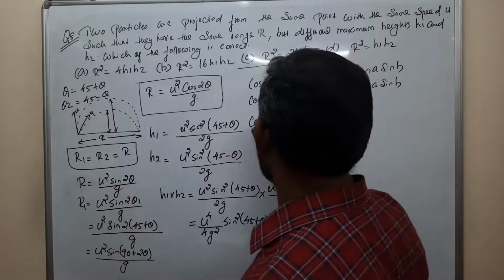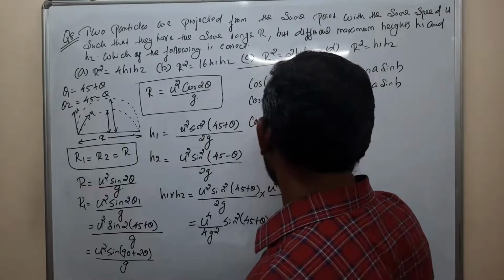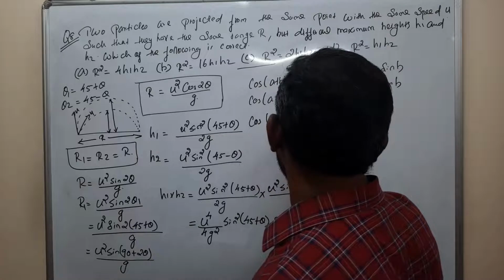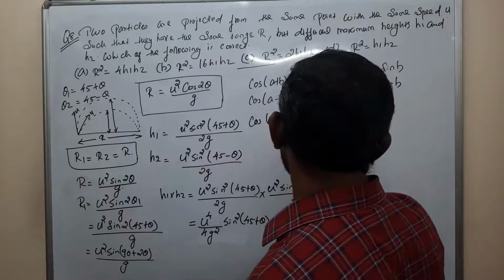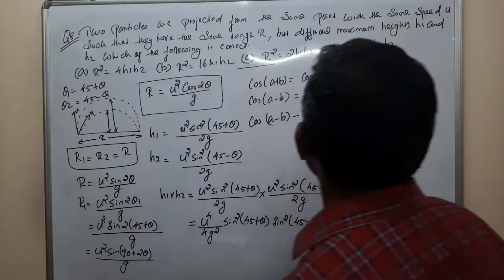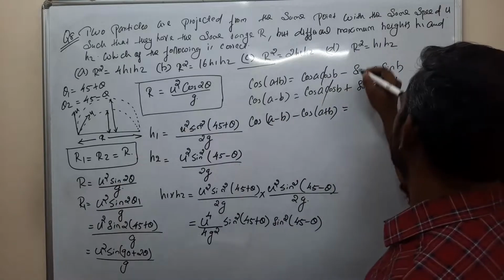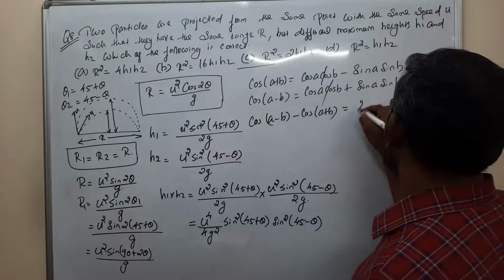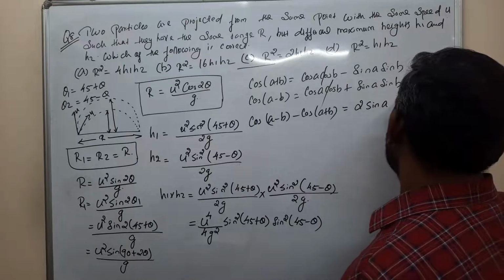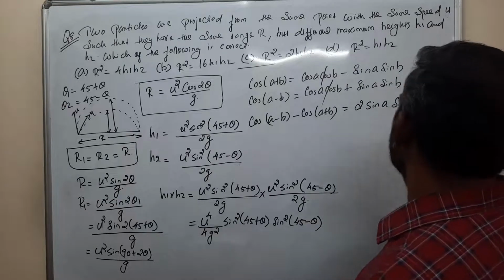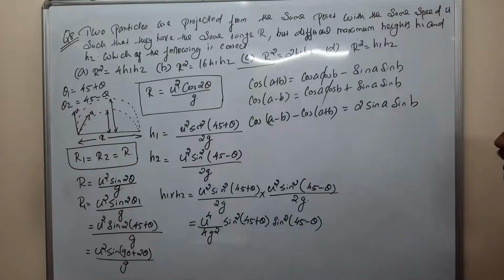So from this, cos(a−b) − cos(a+b): this term cancels, and this becomes plus, so we get 2 sin a sin b. That is, sin a sin b plus sin a sin b, which is 2 sin a sin b.